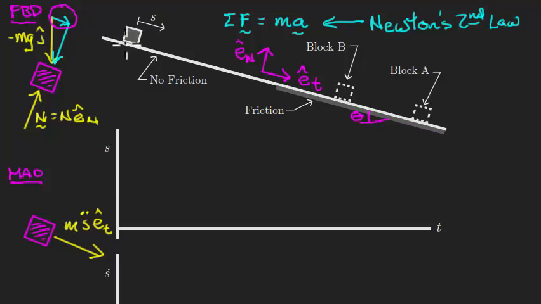It's not changing this angle either. So this component of the weight is constant the entire time this block is slowing down. So if this component of the weight is remaining the same, then the acceleration has to remain the same. This component of the weight is pushing down the ramp in the direction of positive s, so s double dot has to be positive.